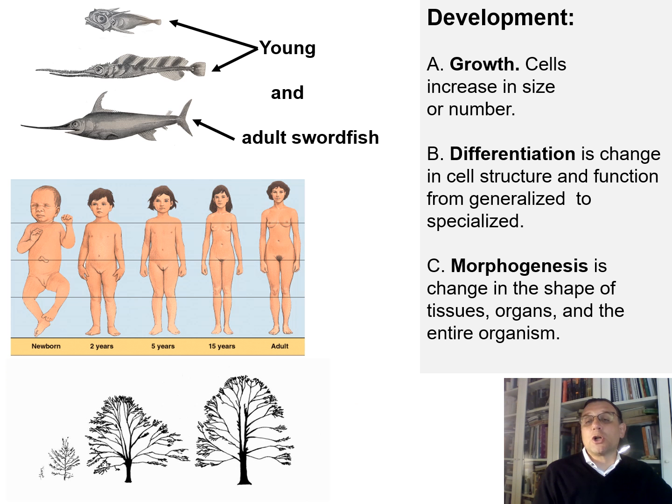Morphogenesis is a biological process that causes an organism to develop its shape. You see, growth does not occur at the same rate and at the same time in all parts of the body. It is obvious to anyone that the differences between young swordfish and adult swordfish, or between a newborn baby and an adult human being, are differences not only in overall size, but also in body proportions.